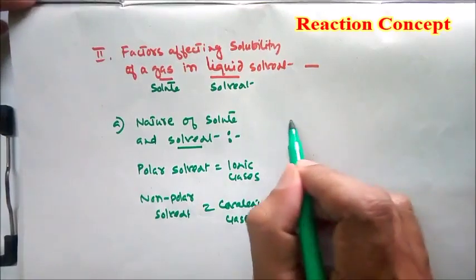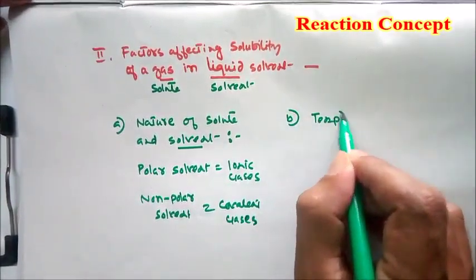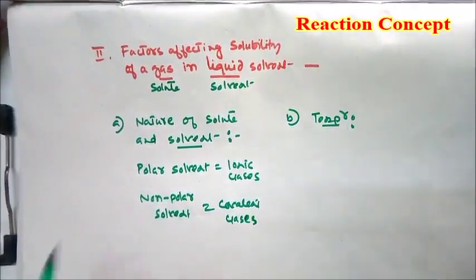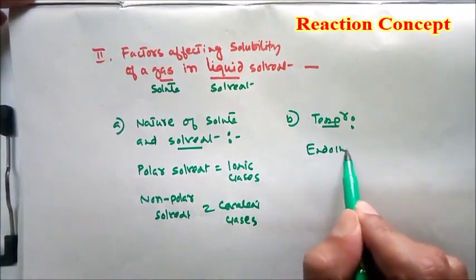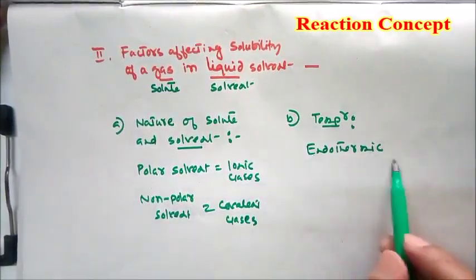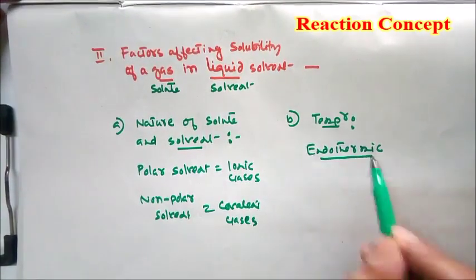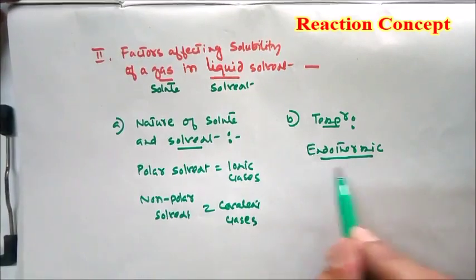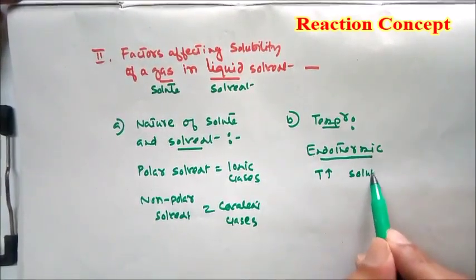In case of temperature dependence, it is also similar to the earlier case. In case of endothermic reaction, if the dissolution process or solvation process is an endothermic reaction, in this case if we increase the temperature, then solubility will increase.